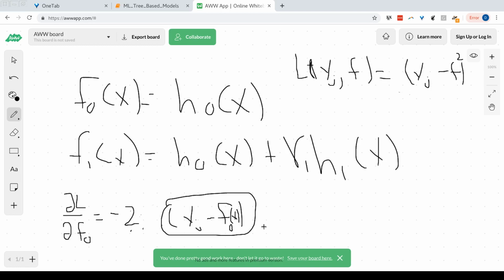Try to model the residuals. So it's going to be trained on what needs to be corrective, and then we simply add its contribution to the overall model. You can view this as sort of a chain. Whatever h of naught was unable to capture, the next model will try to do its best.